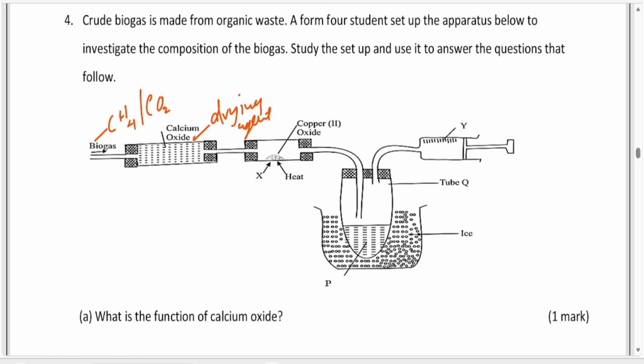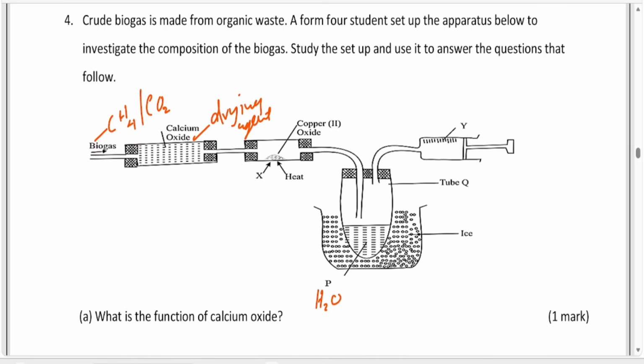Then we need formation of water and carbon dioxide, and the water shall be formed in test tube Q. So automatically P is water, then X shall be copper solid.